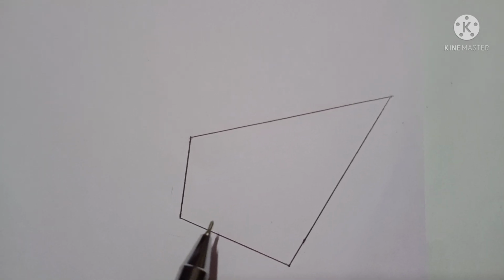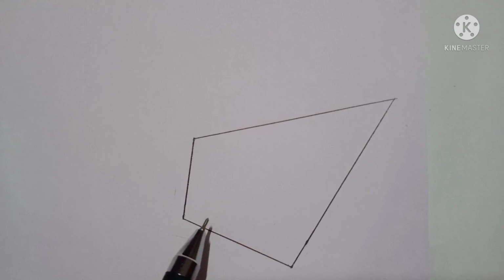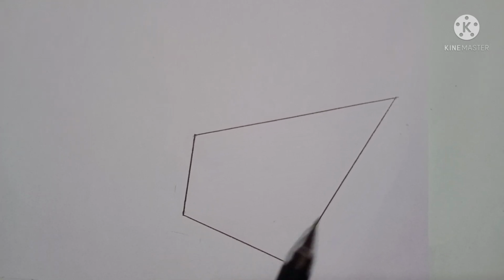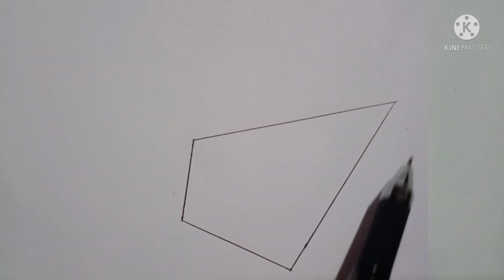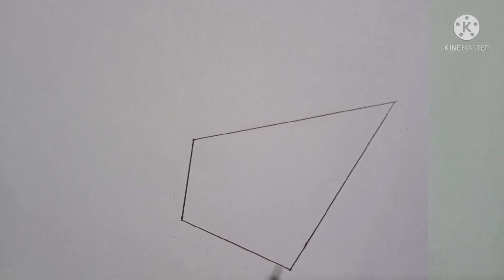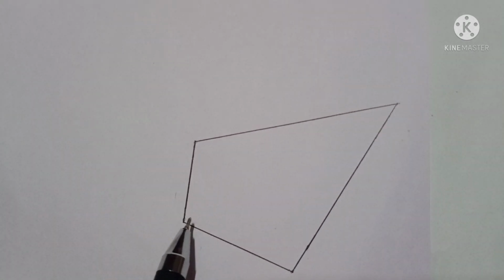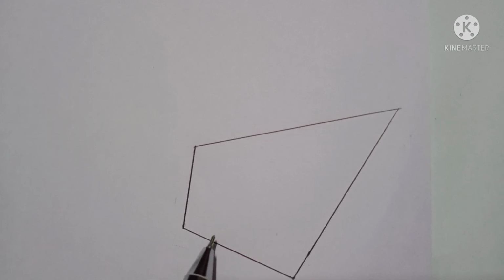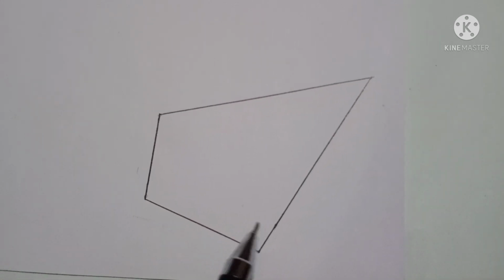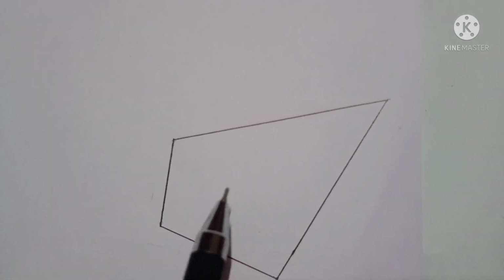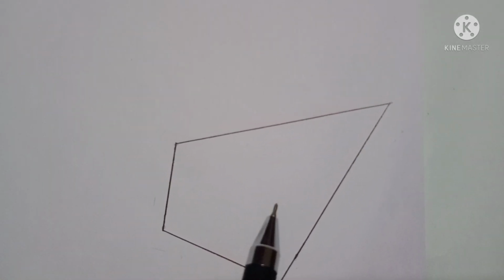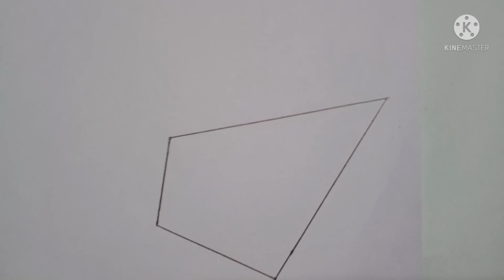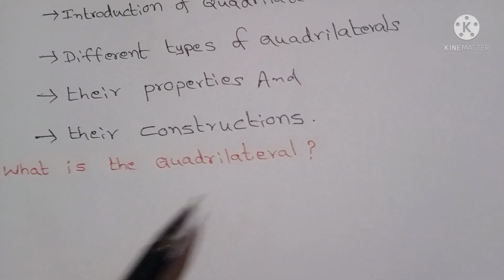It means a quadrilateral is a closed figure with 4 sides. The sum of measures of 4 angles of a quadrilateral is 360 degrees. What is a quadrilateral?